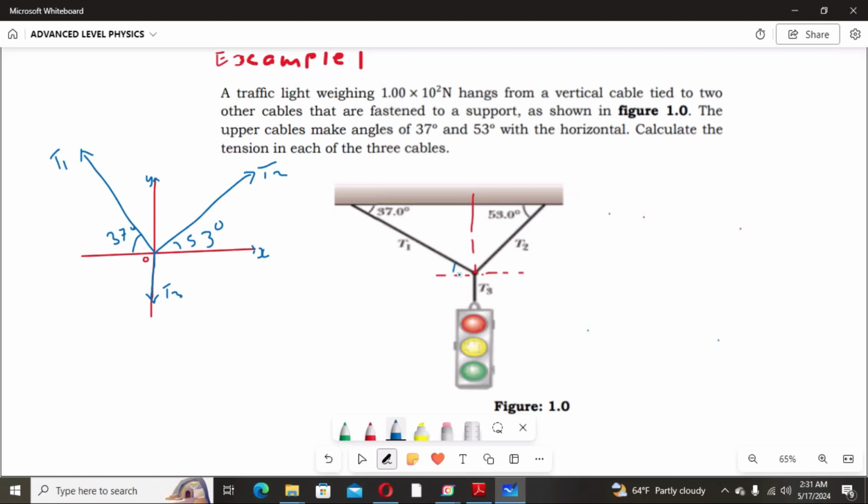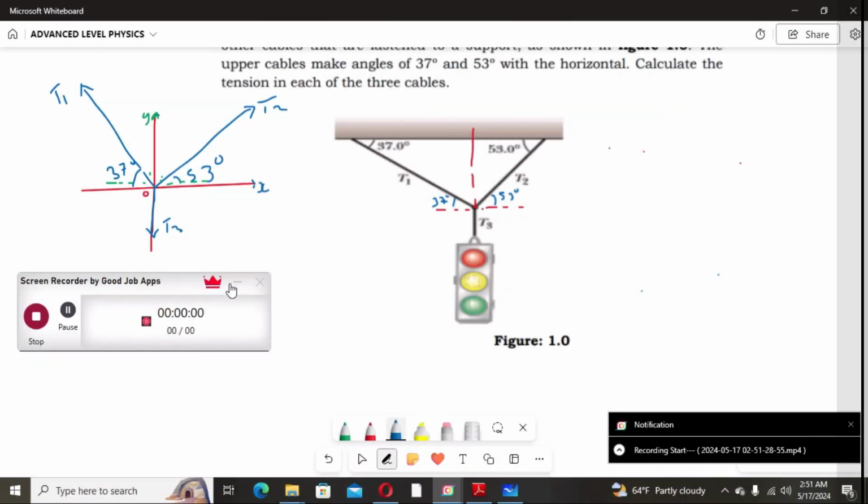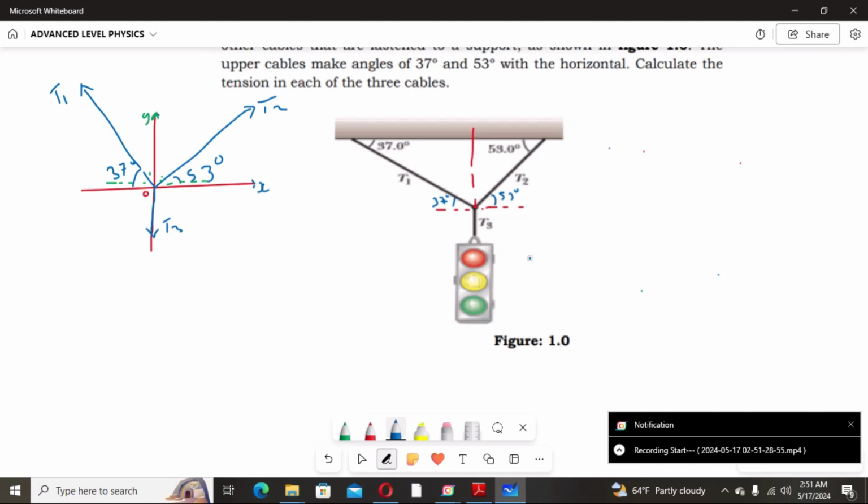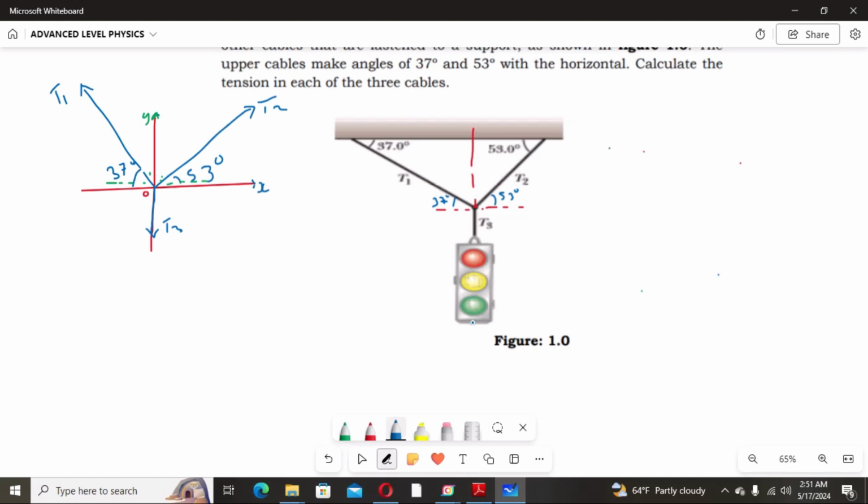Let us identify T3 first. Now looking at our diagram there, we can easily solve for T3. We know that the weight of the light there is mg, which is given as 1.00 times 10 to the power 2 newtons. This is the same as 100 newtons.